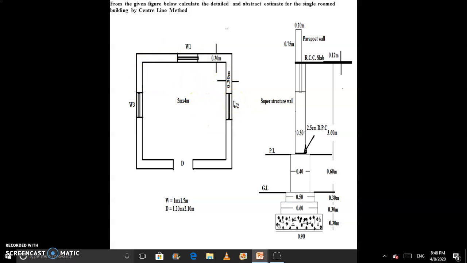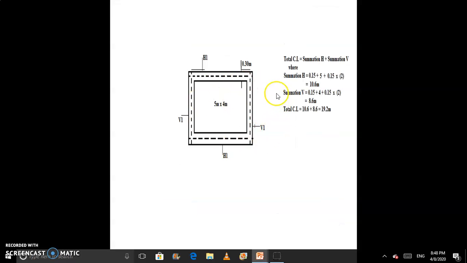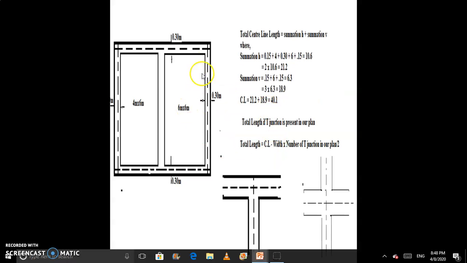What happens if we have a two-room building? In a two-room building, if we have to find the center line, there is some concept behind that. What is the concept? If we take a two-room building, the same process we have to do. We first draw a center line in the whole plan. After that we find the total center line length, summation H plus summation V. Same process: 0.15, here horizontal is 4, so 4 plus 0.3 plus 6, here horizontal is 6, and again 0.15.